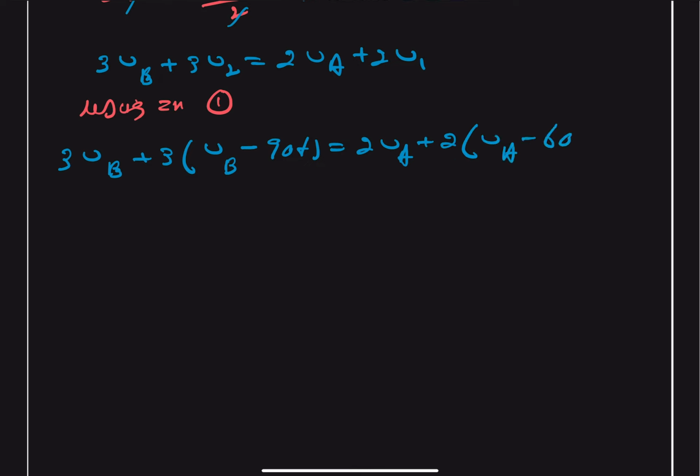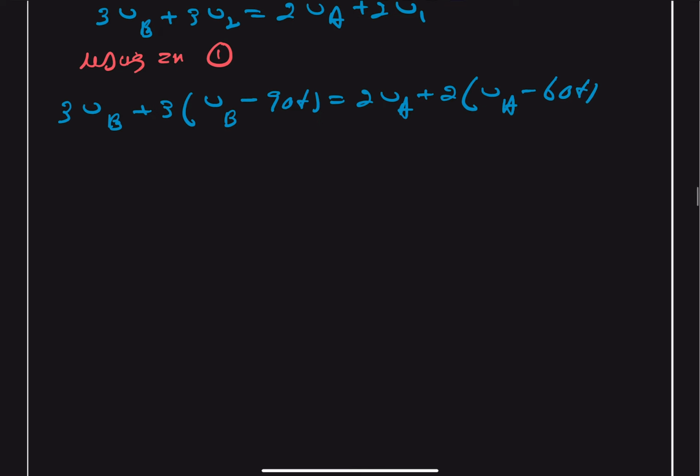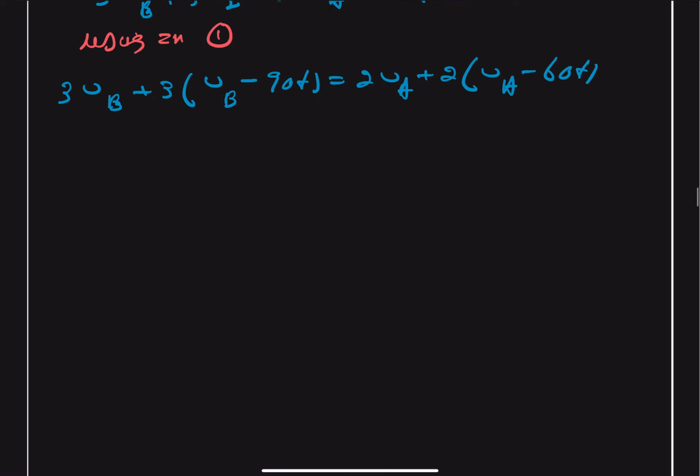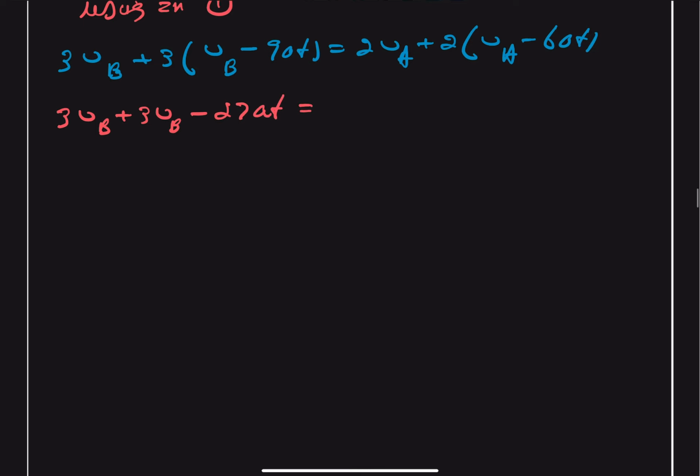Now we solve them, and we get 3VB plus 3VB minus 27AT is equal to 2VA plus 2VA minus 12AT. We sort it out.